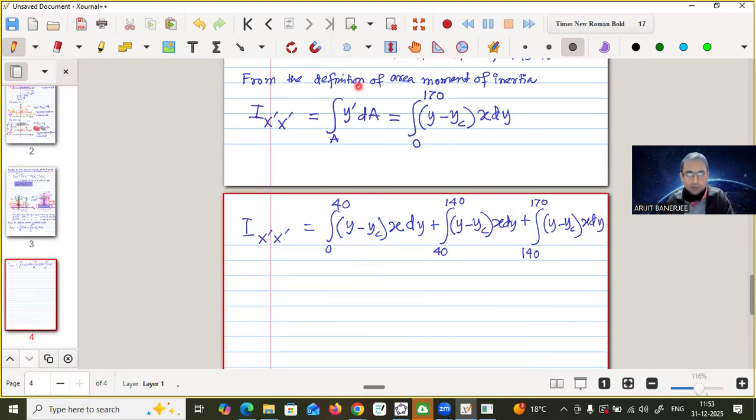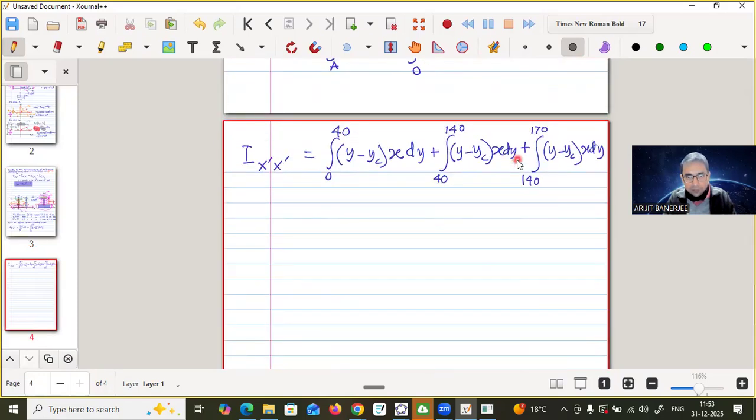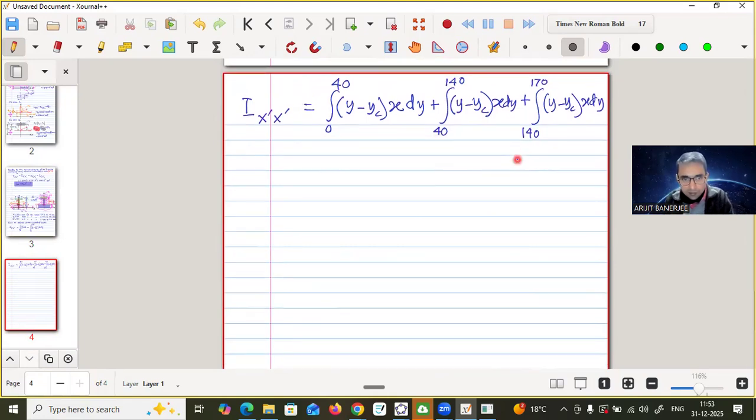Okay, is it clear? We have split the limits of integration according to the ranges here. Next we will simply bring these x values outside because x will be constant in that case.